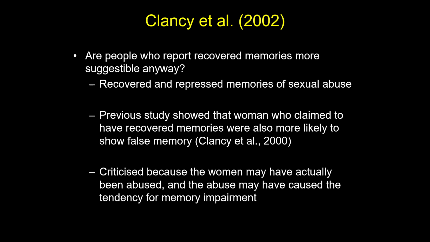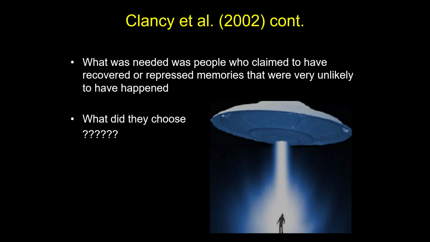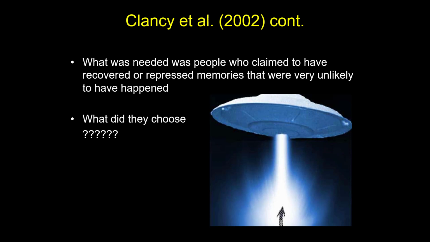So what the researchers did is they conducted the study again, and they needed to find something that really, really didn't happen, but that also was something that people would claim to have recovered and repressed memories about. And what they chose was memories of alien abduction.